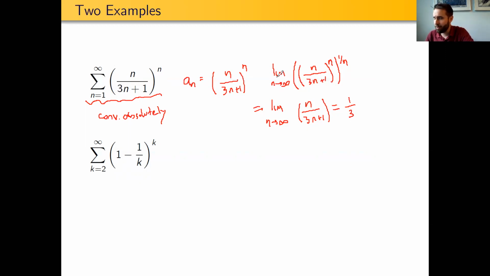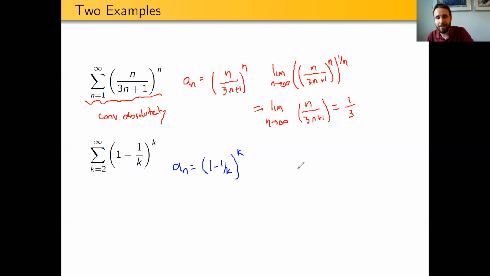As an example where we have a little bit of a deficiency, or where we can't draw a conclusion, let's look at this second case here. In this case, our individual terms, a sub k, are 1 minus 1 over k raised to the kth power.